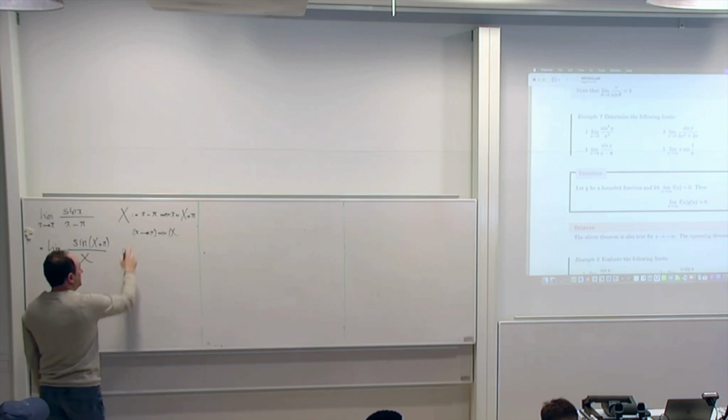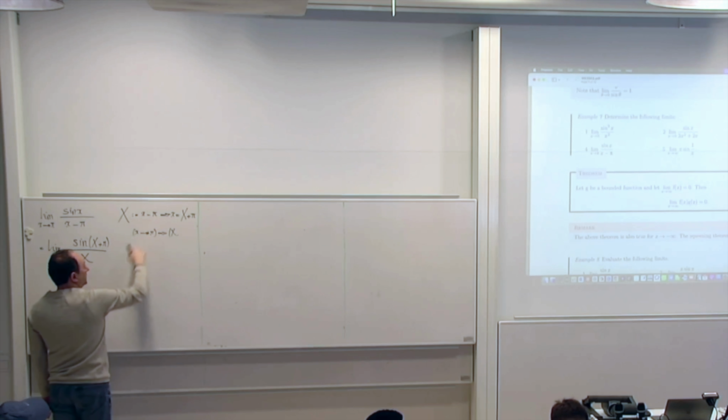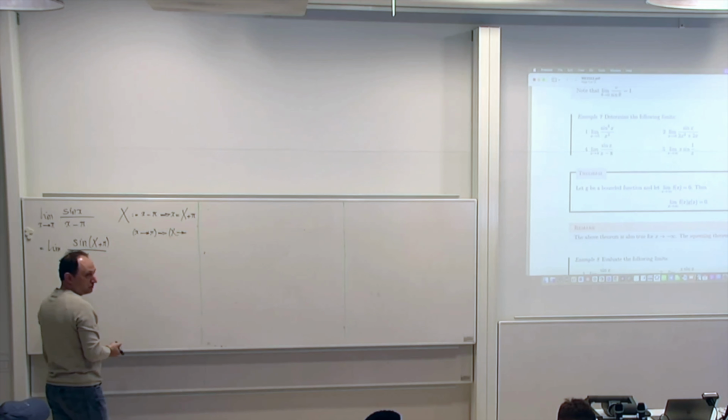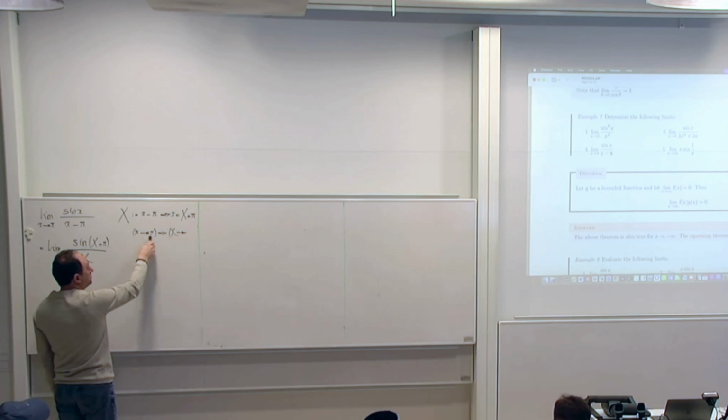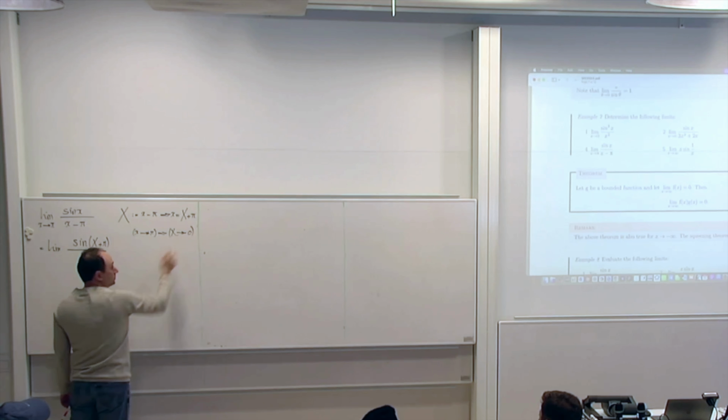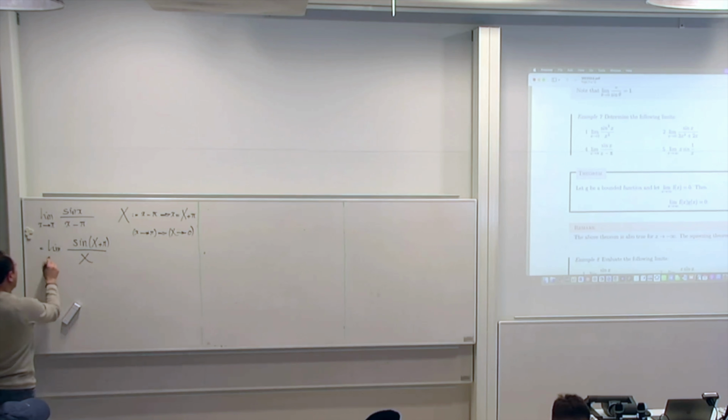If little x goes to pi, because capital X is defined to be x minus pi, capital X goes to 0. Do you agree? Little x goes to pi, so this means capital X goes to pi minus pi, which is 0. So I write capital X goes to 0.